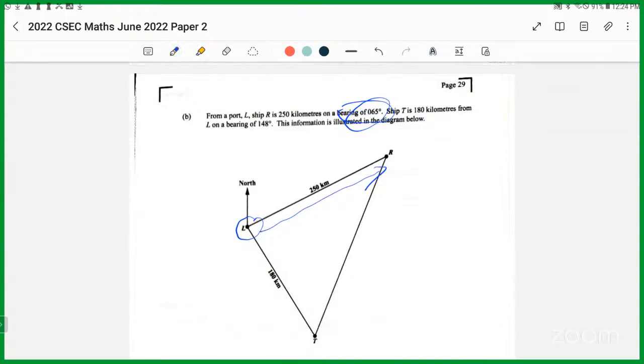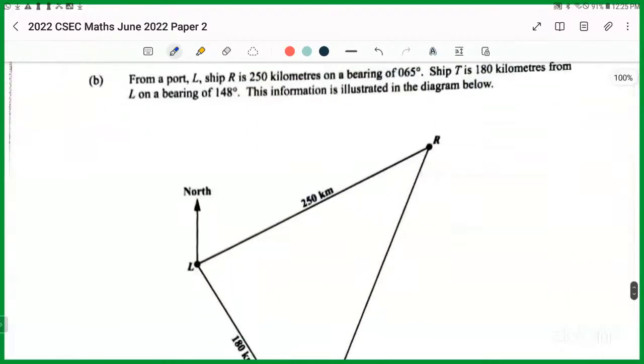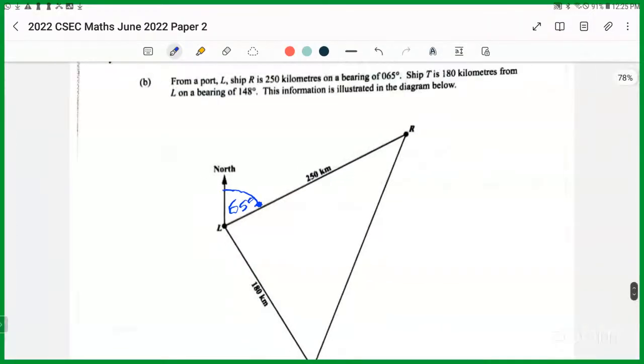So that 065 degrees is the angle you have to turn to the right from facing north in order to go in that direction. So this angle is 65 degrees. The angle is 65 degrees, but the bearing is 065 degrees. That's what we know so far.